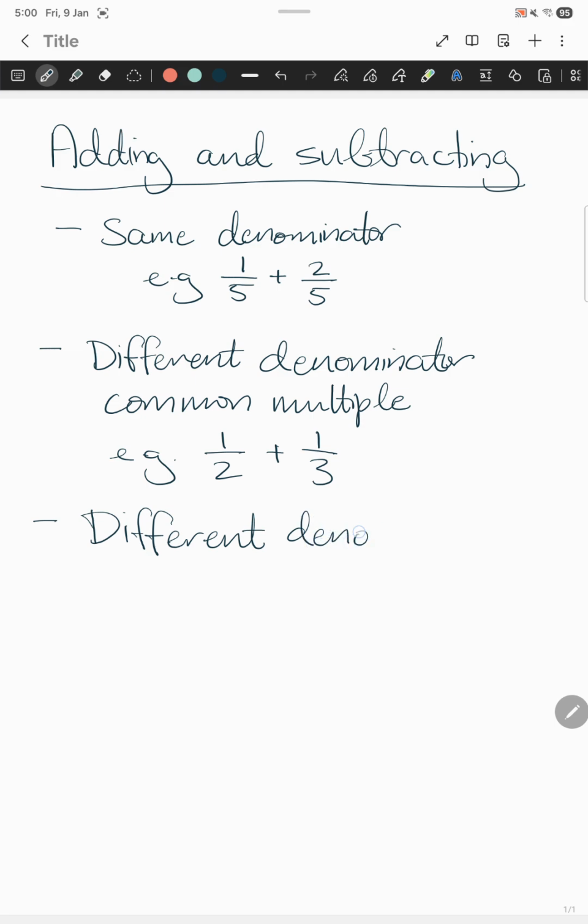Now, the lowest common multiple is the best method. Unfortunately, it does require a little bit of extra work. You need to know the lowest common multiple first. So this will be recommended for students who are a little bit more comfortable with fractions. But we will talk about all three things with adding and subtracting fractions.